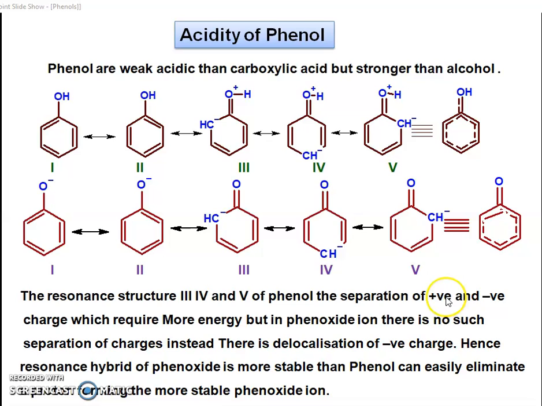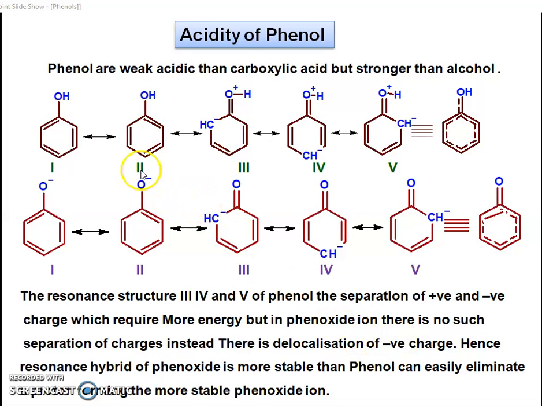In the phenol structures the separation of positive and negative charge requires more energy, but in the phenoxide ion there is no separation of charges. Instead, delocalization of negative charge takes place.